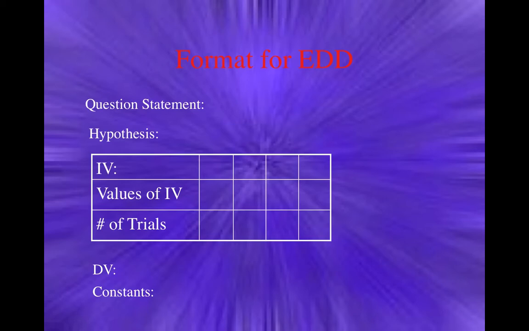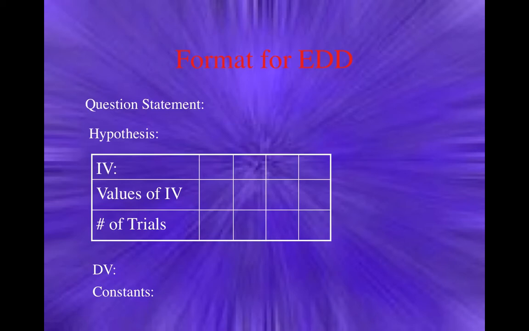Then for each time you try something, you're going to want to have multiple trials. So the question is, how many trials? Am I going to do 3 trials of each IV value? 10? 20? We'll see. And then after that is the DV. The DV is the thing that you are trying to see whether it changes when you change the IV.